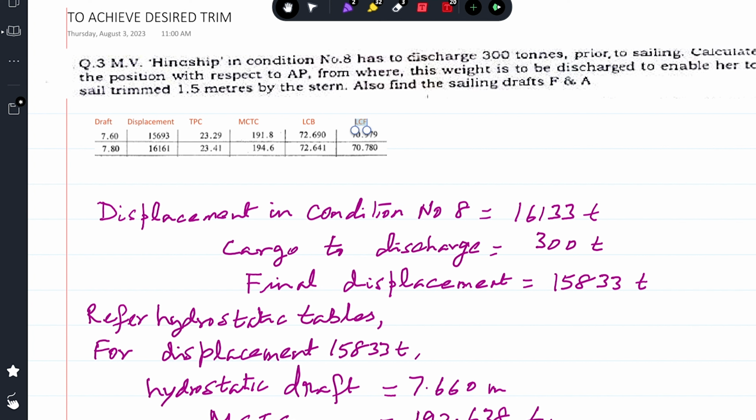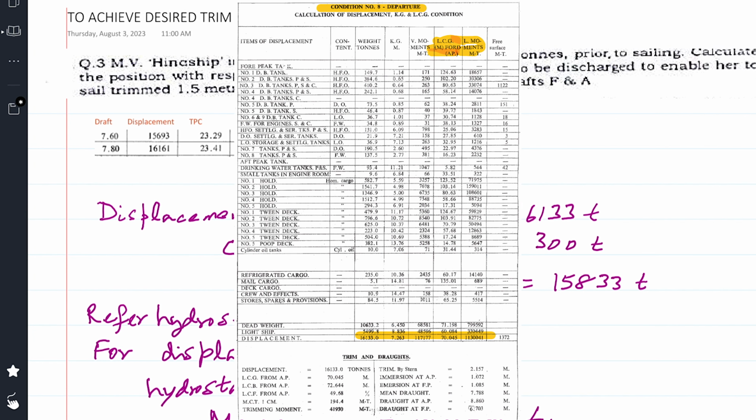Okay, so as they have given us condition number 8, I need to know my present displacement as per condition number 8. If you see, this is condition number 8, and you see all the columns: weight, KG, vertical moments.